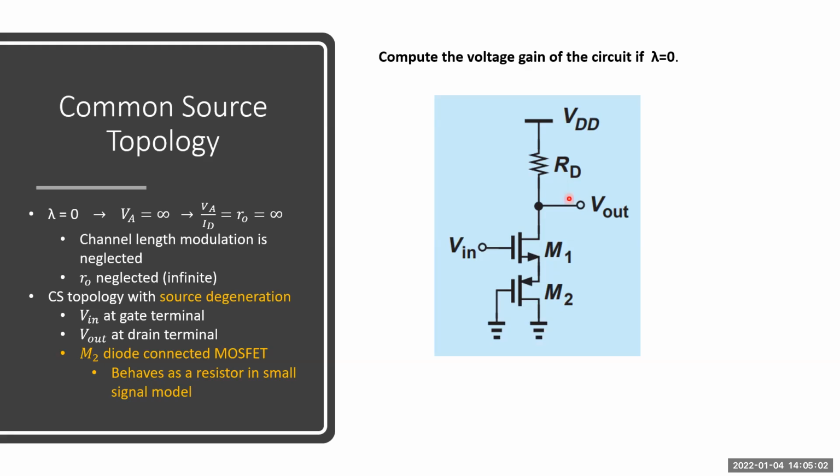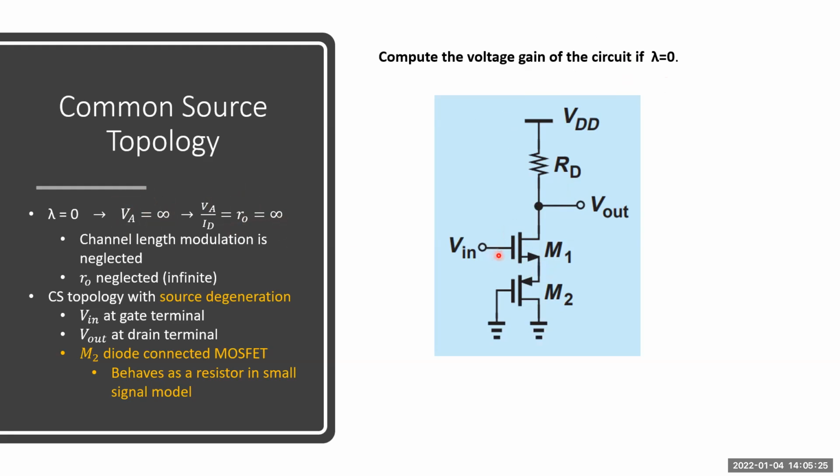We are going to analyze the common source amplifier topology. We are going to compute the voltage gain of this circuit if lambda is 0. If lambda is 0, it means that the early voltage is infinite, then the output resistance of the transistors is infinite as well. As you can see, this is a common source stage.